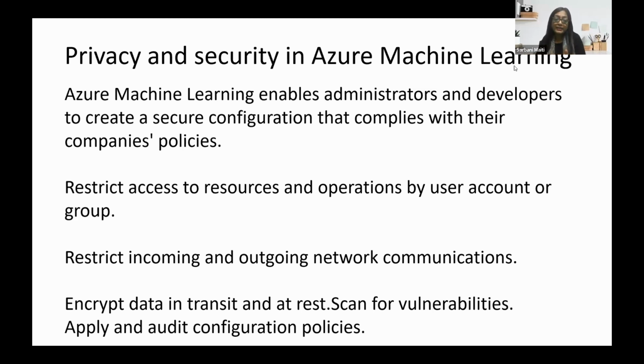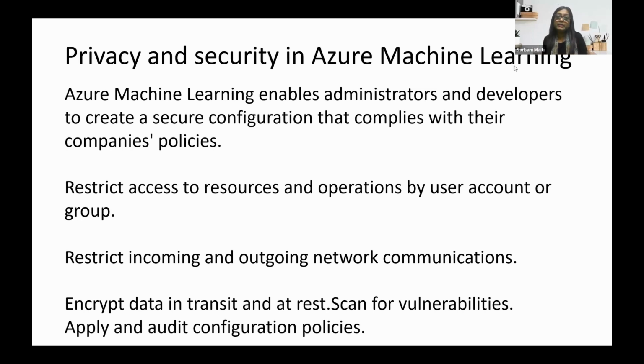We can restrict the access by using a different resource group for each department. A model can be deployed for different departments, and each department can use the same model for their own set of data. Each set of data will be restricted to that particular department. So department A should not be able to see the outcome of department B.